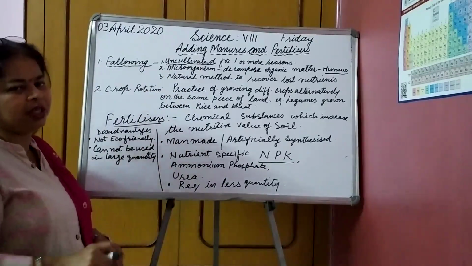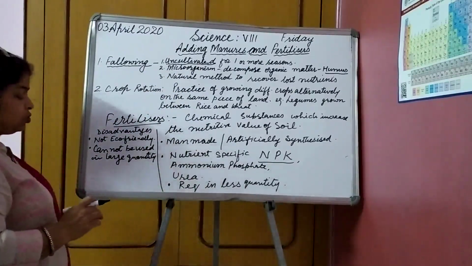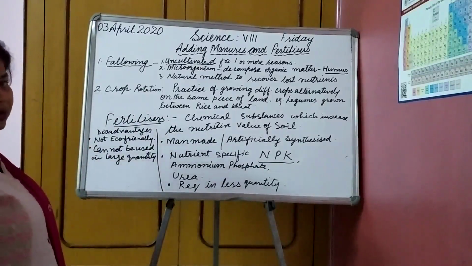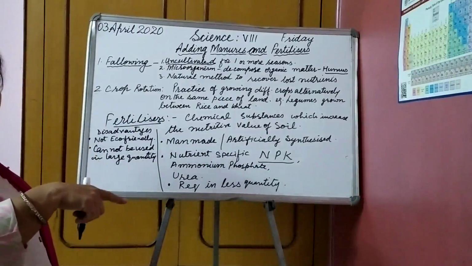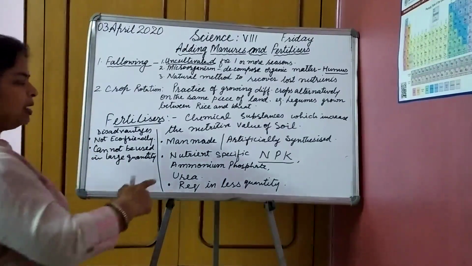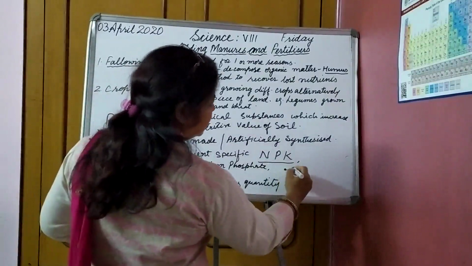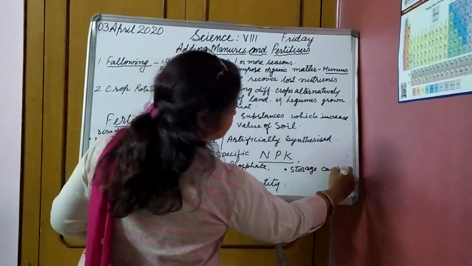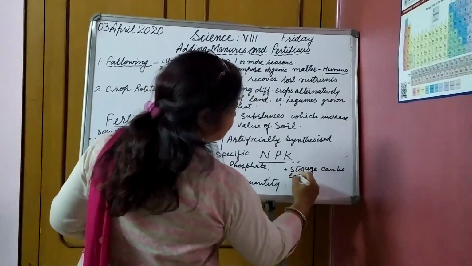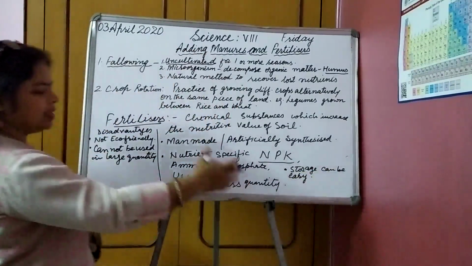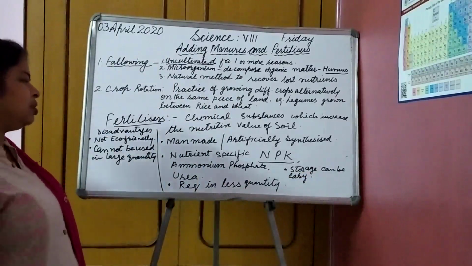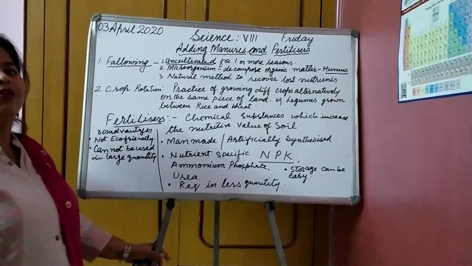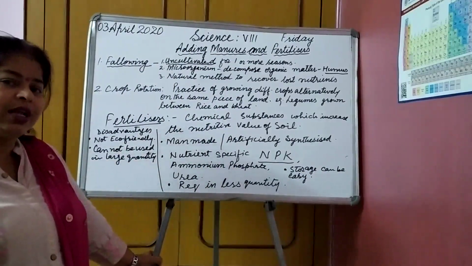So very less quantity is required in the fields. Okay, so they can be stored easily, unlike manure. Manure could not be stored easily, but they can be stored easily. I am writing here, storage can be easy, because they are present in jute bags. Jute bags can be piled upon each other, so it's not a problem. Okay, so like this we can write down the difference between manure and fertilizer.